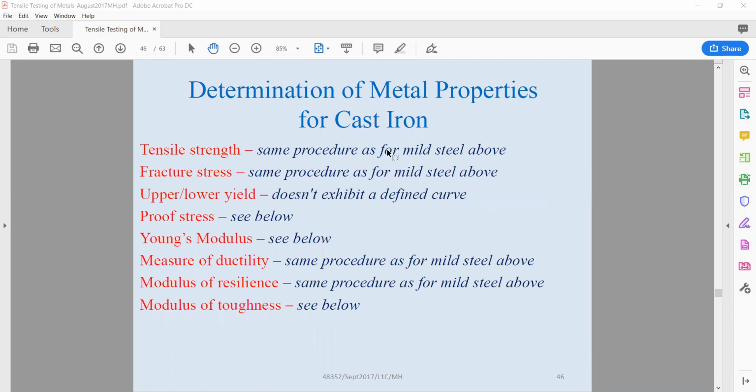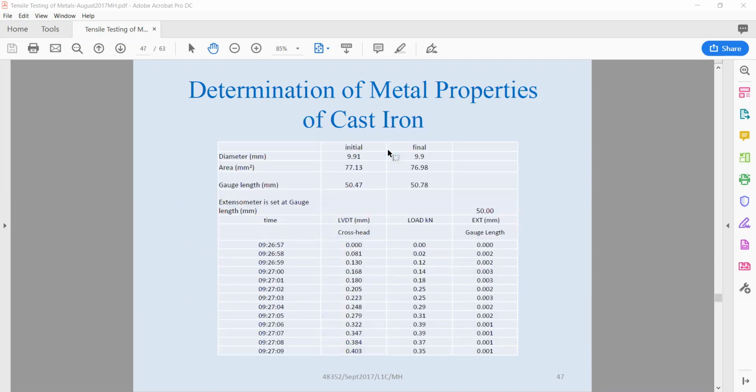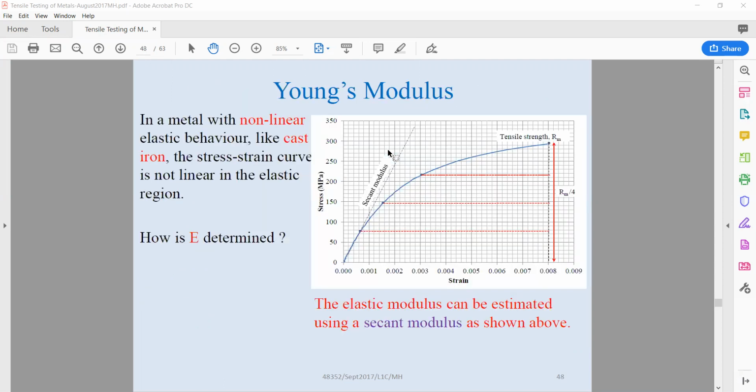The same process also applies to cast iron, except the way the Young's modulus is calculated is different. Because it is non-linear throughout, you cannot use the upper and lower yield strengths to get the yield. So instead, you have to use another method, which is called the secant modulus.